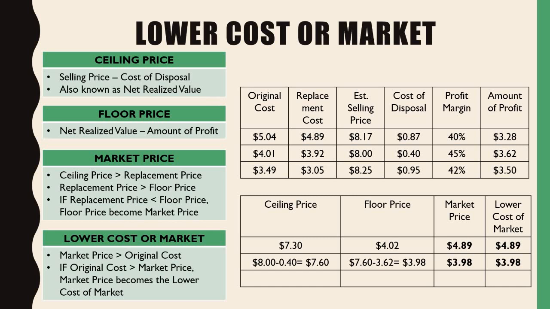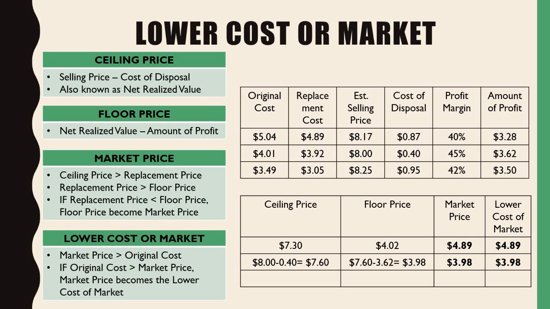In this last section, we have an original cost of $3.49 with a replacement cost of $3.05. My selling price is $8.25 with a cost of disposal of 95 cents. I want a 42% profit, which should yield me $3.50 profit.